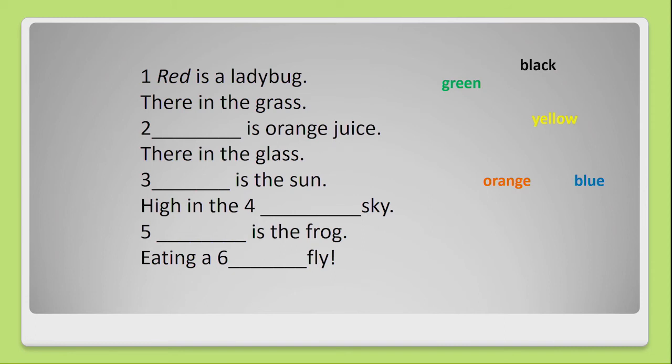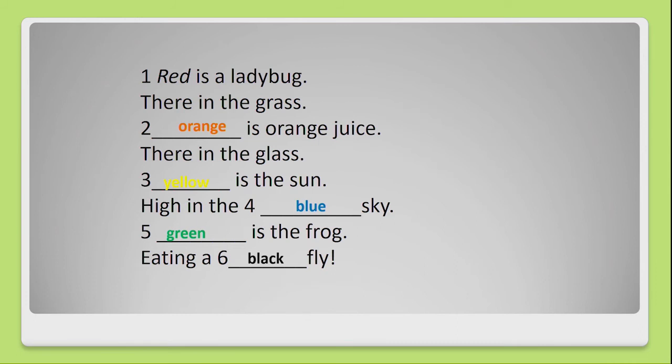Red is a ladybug there in the grass. Orange is an orange juice there in the grass. Yellow is the sun high in the blue sky. Green is the frog eating a black fly.